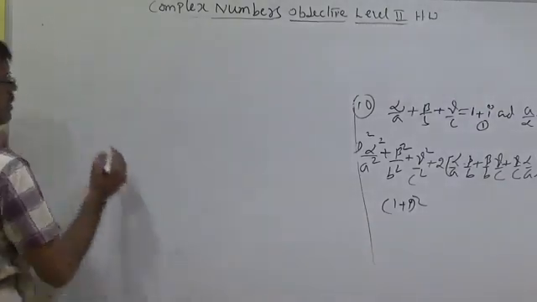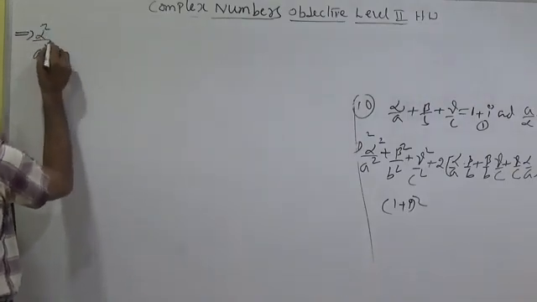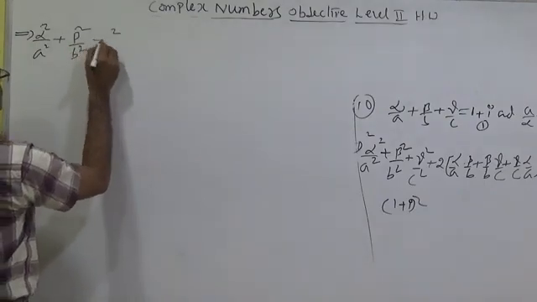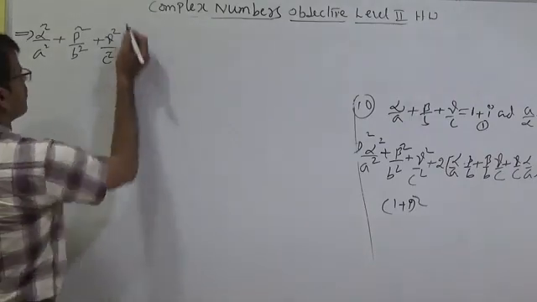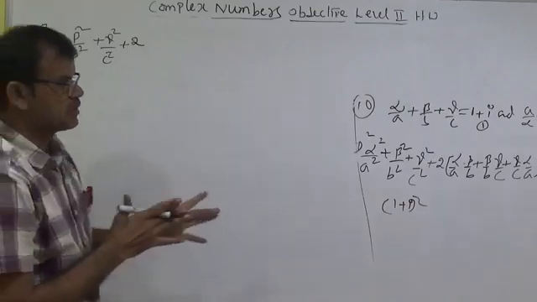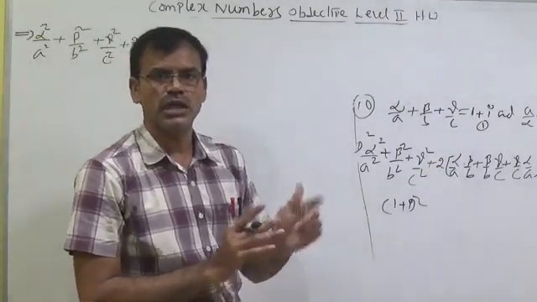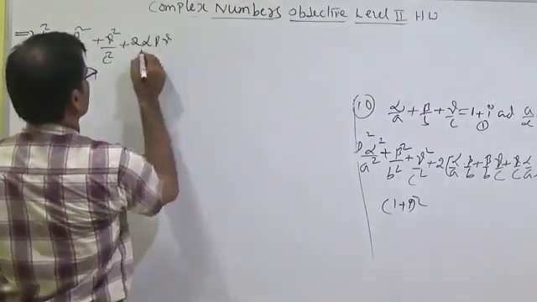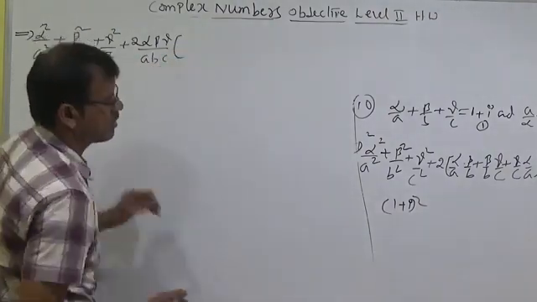The further step here I am writing, that implies alpha square by a square plus beta square by b square plus gamma square by c square plus 2 into, in all these terms, in the numerator and denominator, you are taking alpha beta gamma by ABC common.